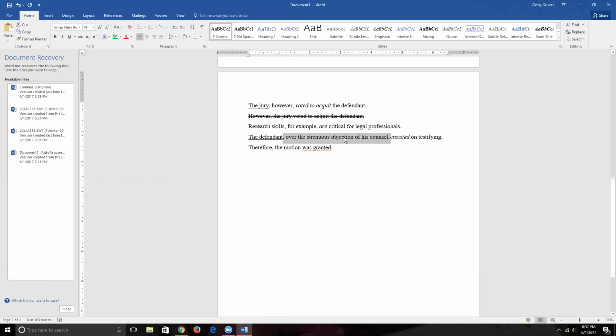And you can see that this is providing additional information. It is interrupting the flow of the sentence, but it's a fact that you're probably going to want to include, especially if you're his counsel and it didn't go well, right? That's important information. I would argue, though, that this sentence would probably stylistically, not grammatically, but stylistically be better if we said over the strenuous objection of his counsel, the defendant insisted on testifying.